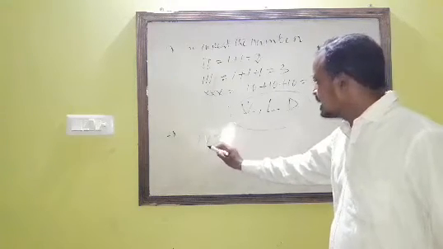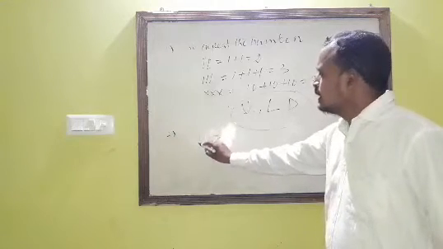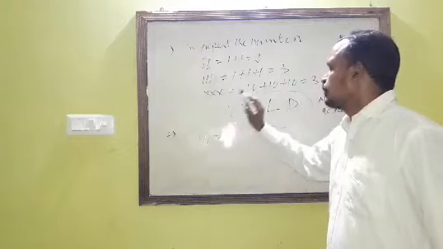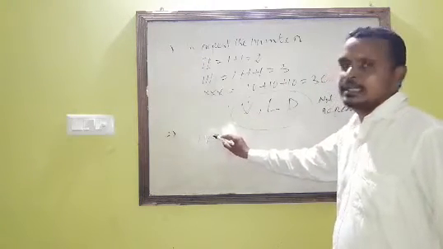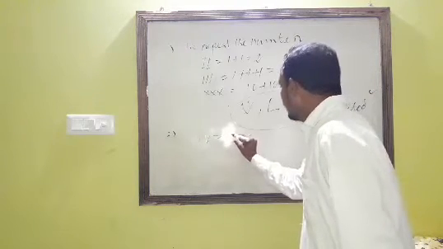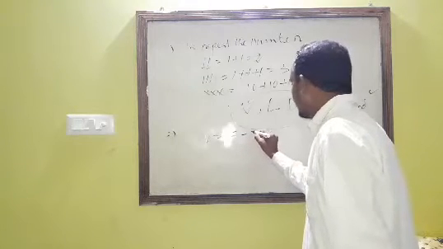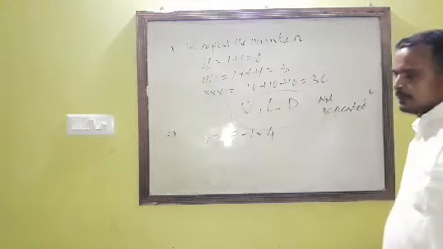In this case, you have to subtract the value of this Roman numeral or symbol from the value of the Roman numeral which is on the right hand side. Means the value of V is 5 and the value of I is 1, so you get the number 4.